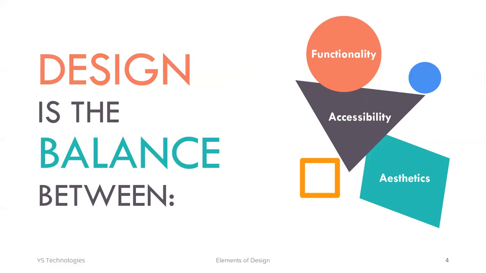Second, accessibility, how easy it is to use that thing. Usually it's a product or a machine, or it can be a software. The ease of access is just as important as functionality. And finally, what is becoming more and more important since competency between products is becoming comparable is aesthetics, how beautiful it is.